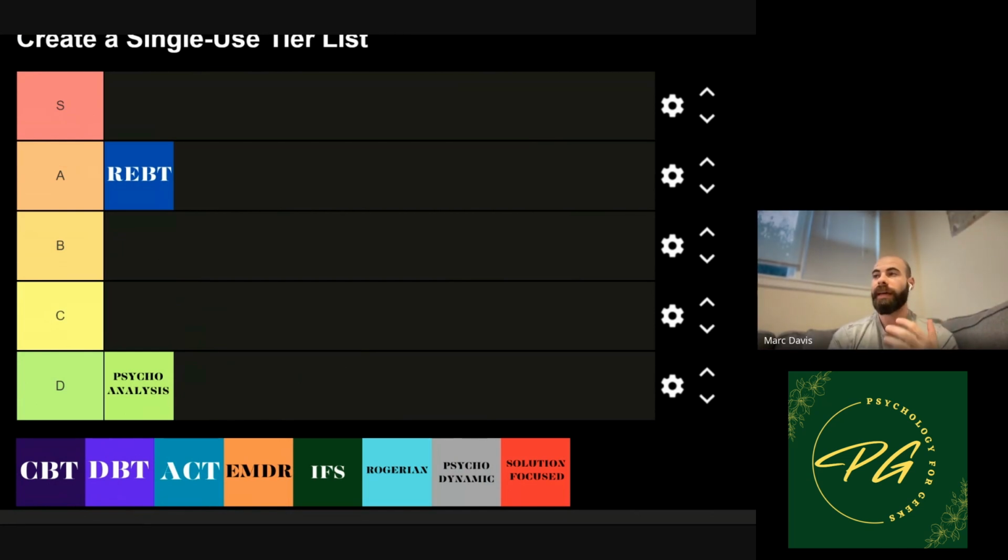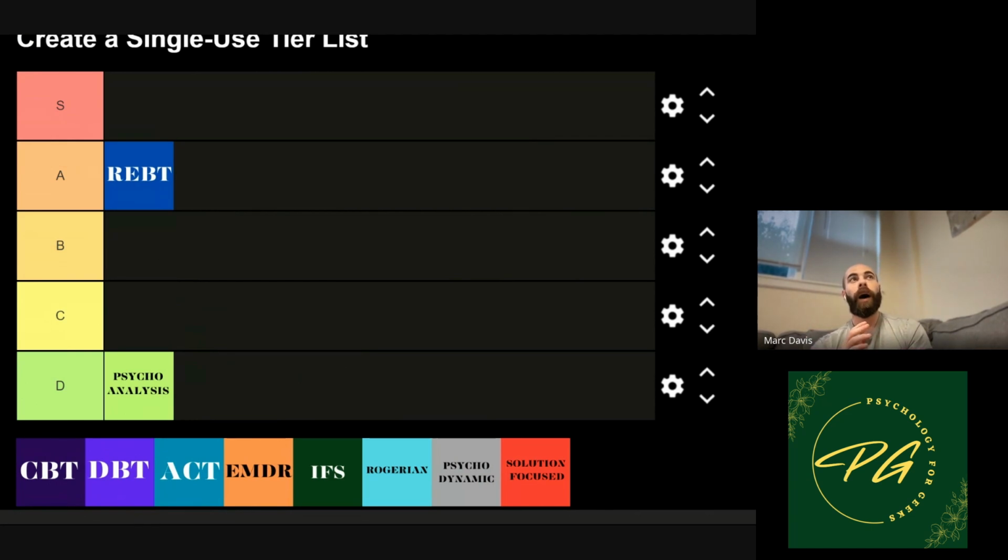It's about, okay, this is the problem, let's learn a skill to deal with it, and then find skills that can generalize to other things so that you can function properly. Because at the end of the day, the whole idea of therapy is to help you function in your life in a way that works best for you. So the point of solution focused is, let's find how you've functioned in the past that worked for you, or when there's the exception when you're okay, and let's generalize that. Can you take this to future problems that are going to happen in your life, and how are you going to deal with that?